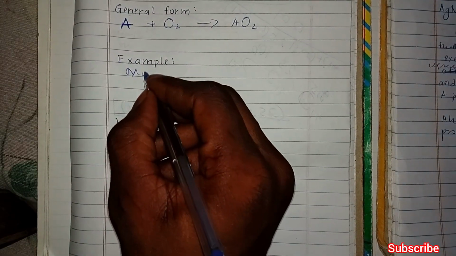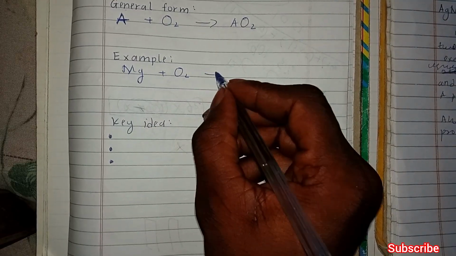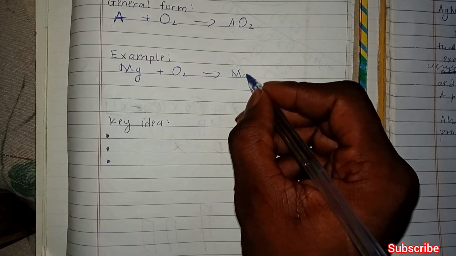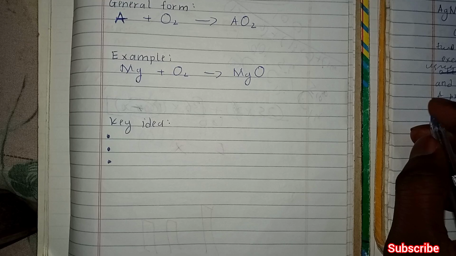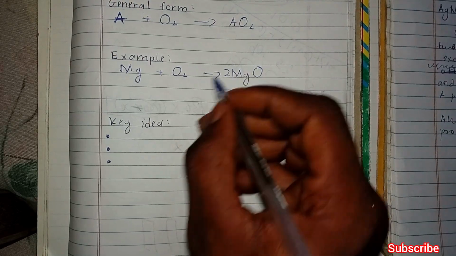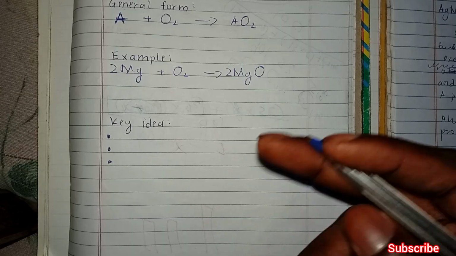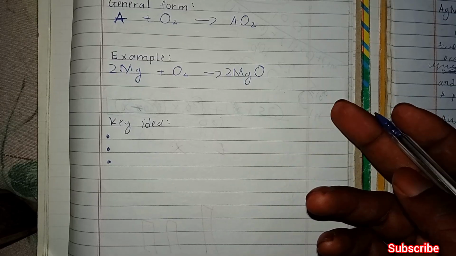Now magnesium reacts with oxygen. This is a combustion reaction. So as long as we are reacting it with oxygen, it is a combustion reaction.